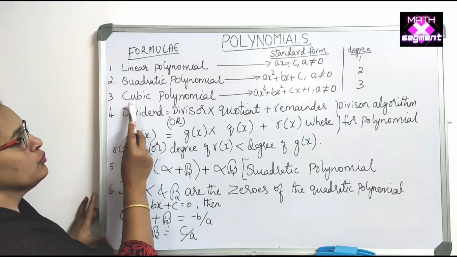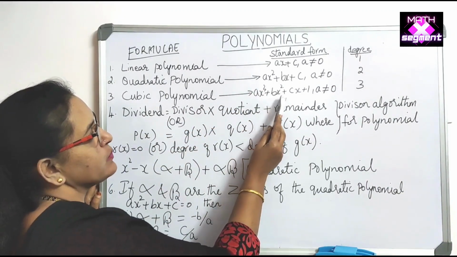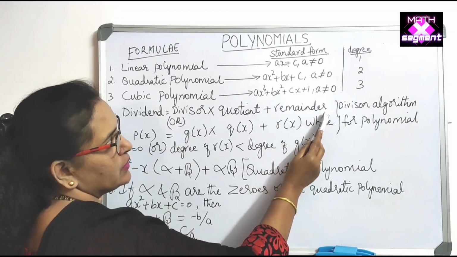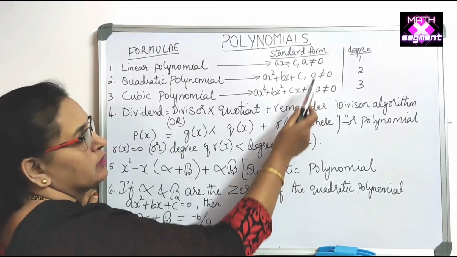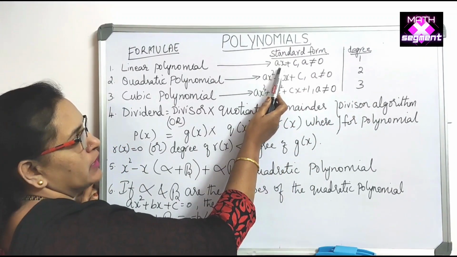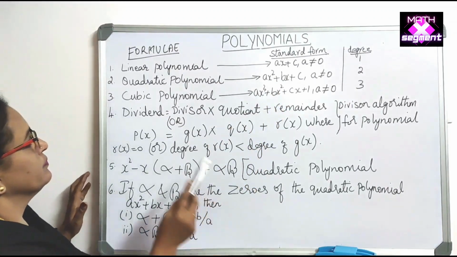Third formula, cubic polynomial, where the standard form is ax cube plus bx square plus cx plus d, where a is not equal to 0. The degree is 3. The meaning of a is not equal to 0 means the coefficient of the leading term, that means here a is not equal to 0.